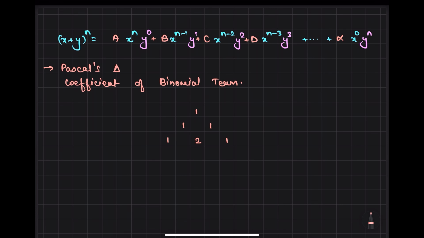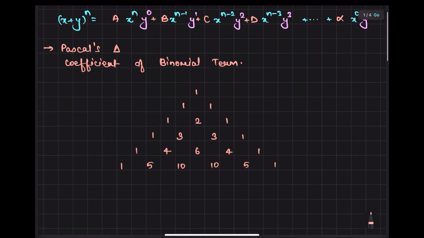So 1 plus 0 is 1, then 3, 3, 1, again 1, 4, 6, 4, 1, then 1, 5, 10, 10, 5, 1. This way you will proceed.